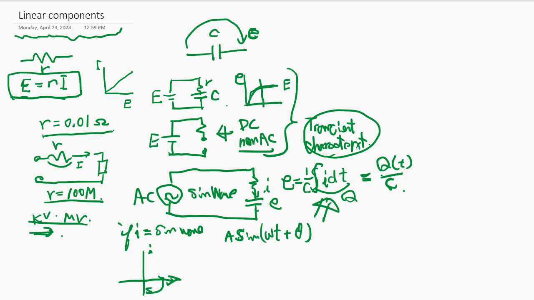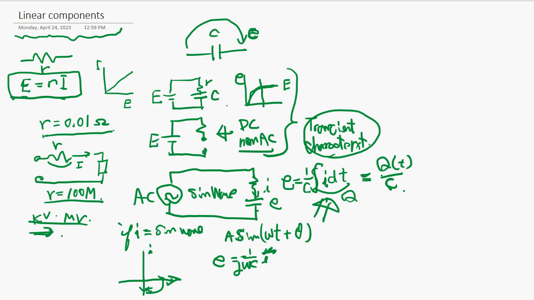So basically we can express E by complex number, 1 over j omega C, times I, right?